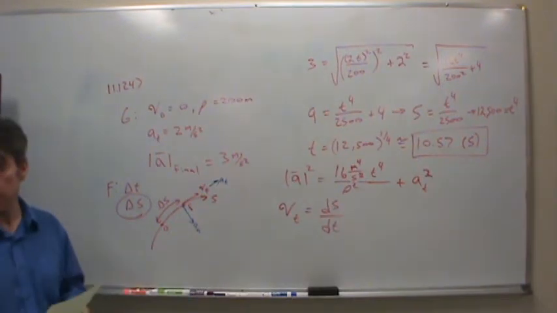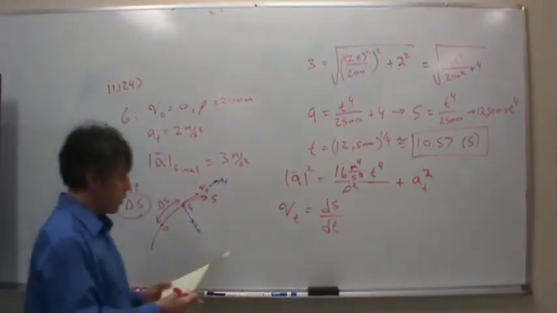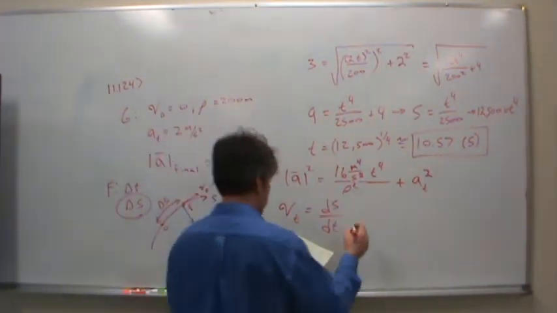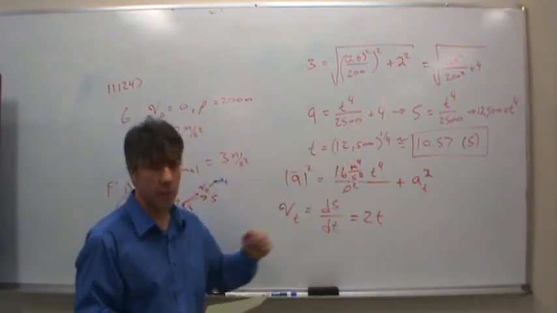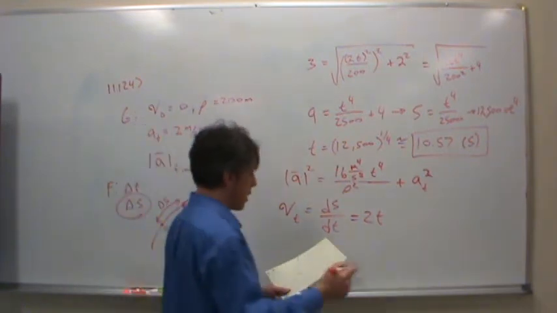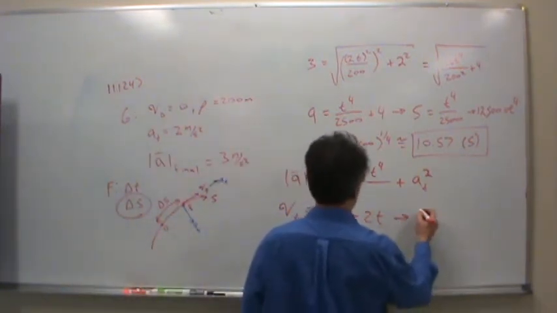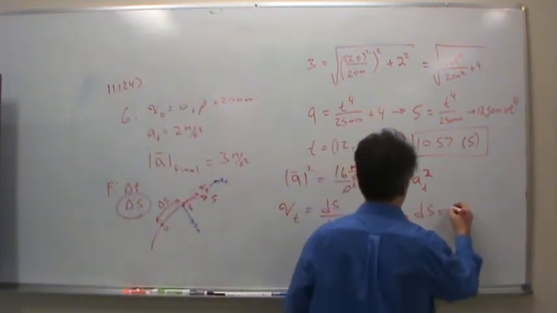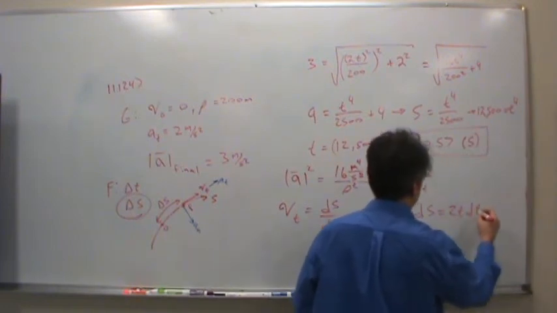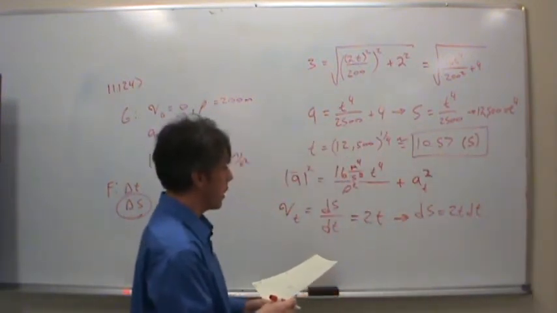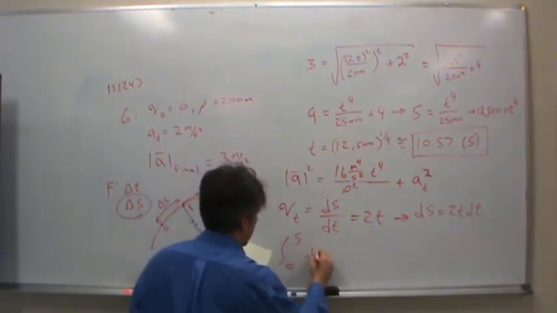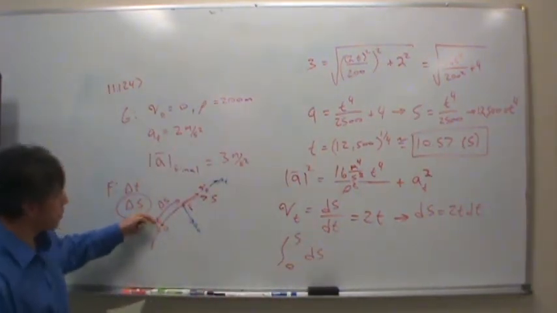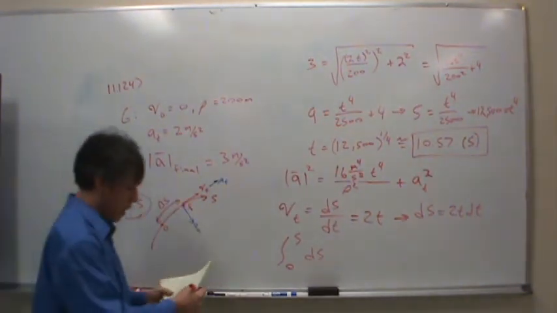It still works. So, if this is true, then we can say, and by the way, the velocity can be written simply as 2 times time. Then we can integrate this equation, once again separate and integrate, ds equals 2t dt, and this is a very easy equation to integrate. So integrate both sides from 0 to s of ds, in other words, from the starting position to the final position.